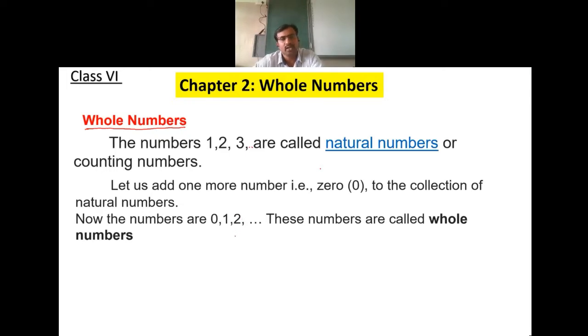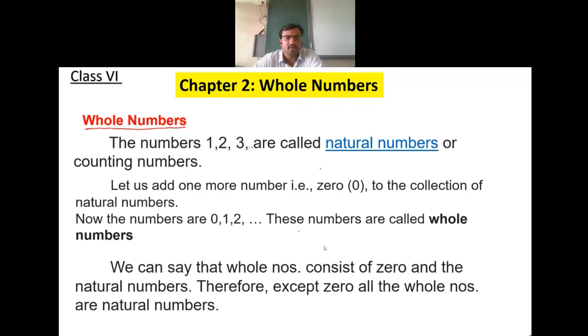Now the numbers will become 0, 1, 2, and so on. These numbers are called whole numbers. We can say that whole numbers consist of 0 and all the natural numbers. Therefore, except 0, all the whole numbers are natural numbers.